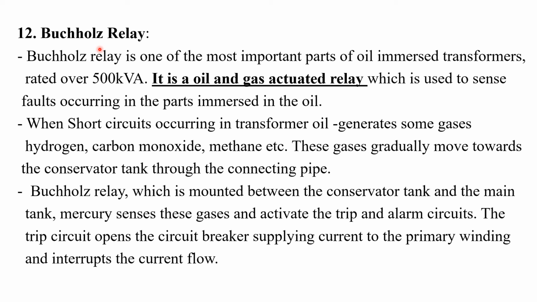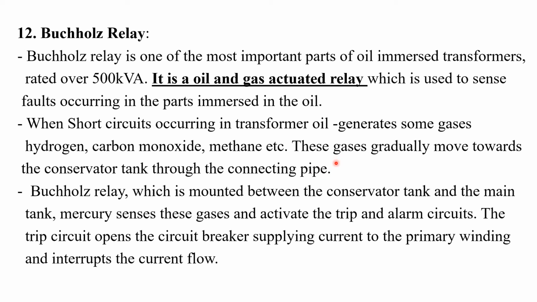When any fault occurs in the transformer oil, that will lead to the formation of some gases like hydrogen, carbon monoxide and methane, etc. And these gases will be present on the top of the transformer oil. They will slightly move towards the conservator tank through a connecting pipe.